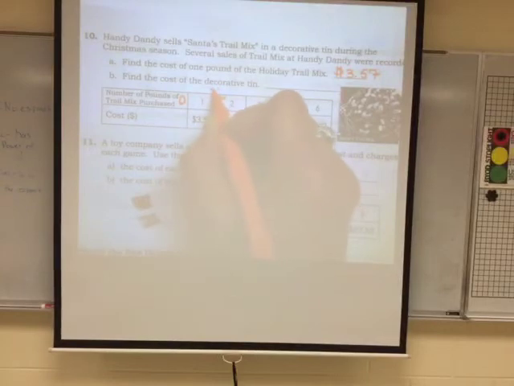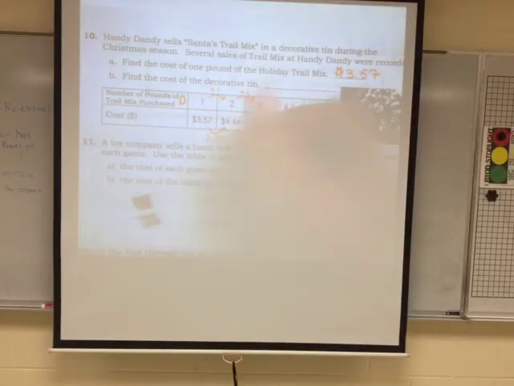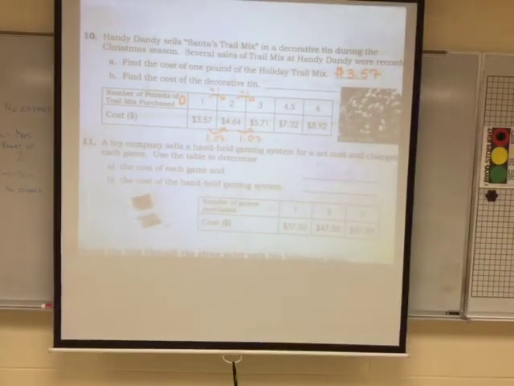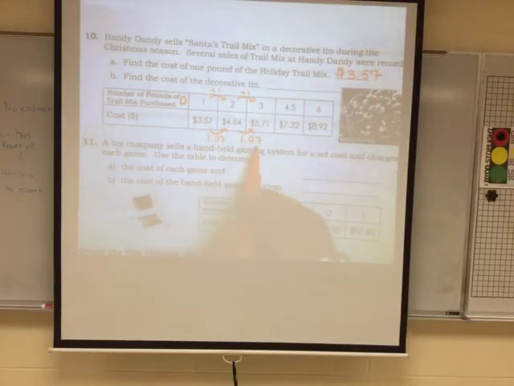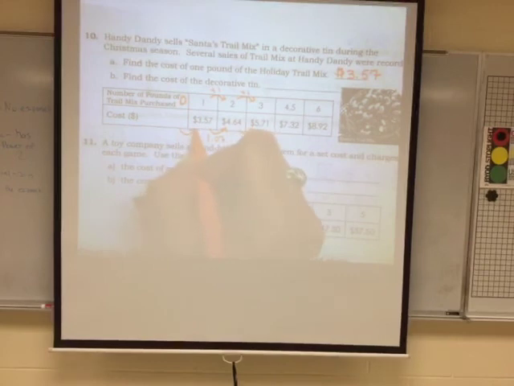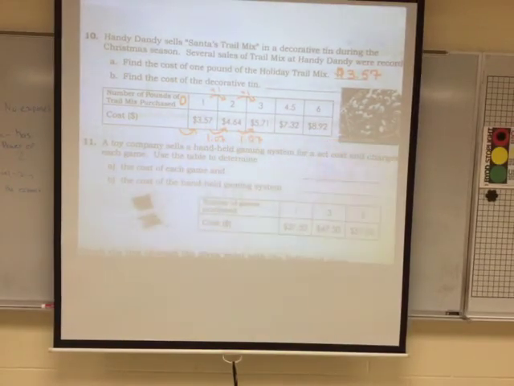Here our pounds increased by 1. So my average rate of change is 1.07. So it costs $1.07 for every pound of trail mix. So if I work backwards, I could say $3.57 minus $1.07.